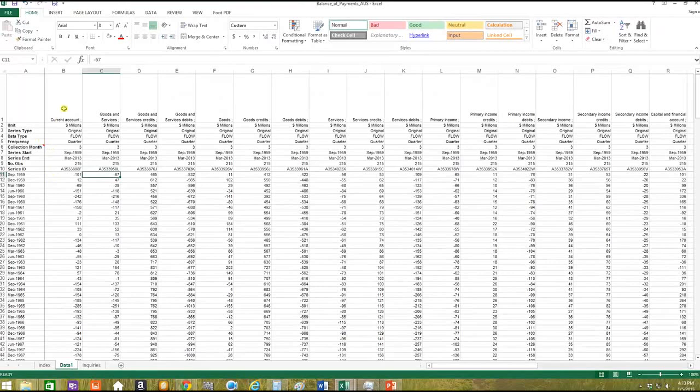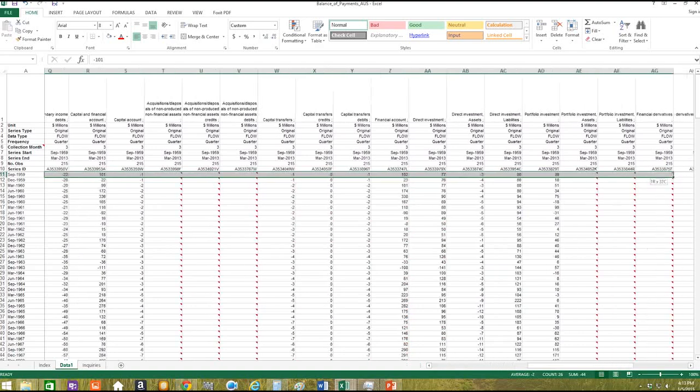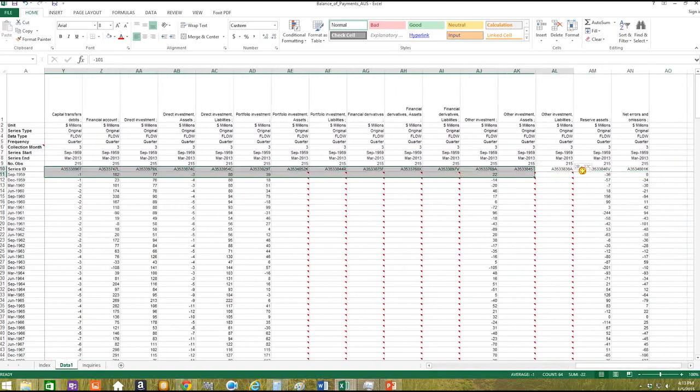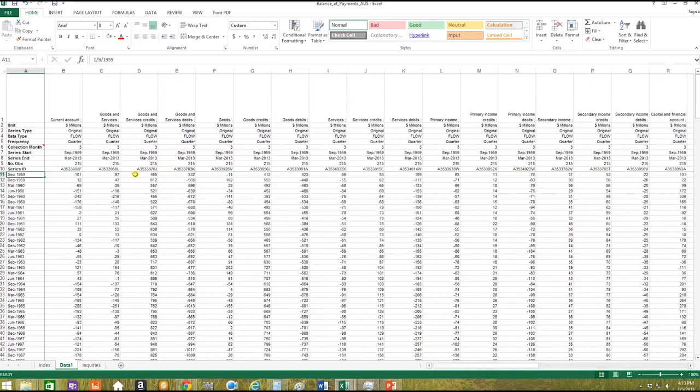What you'll essentially be downloading is a similar analysis, or a similar spreadsheet, to the one we got when we downloaded the US trade data, where you have all of the trade data going back historically to 1959. And this represents all trade data across the current account balance, the capital account, and the balancing items.